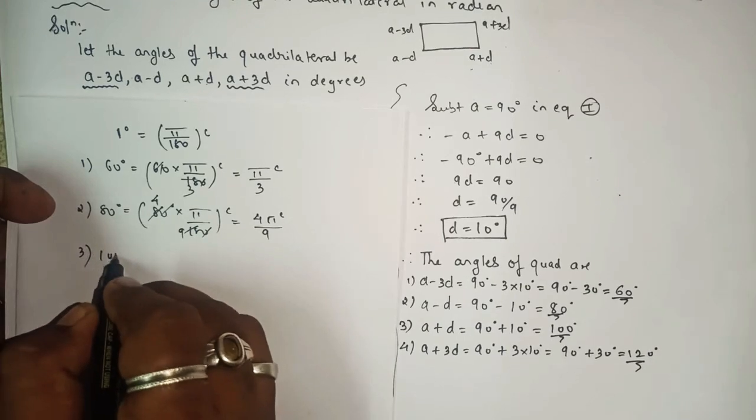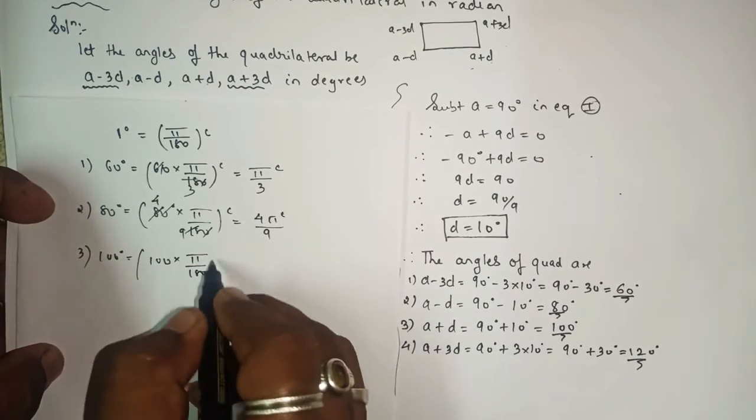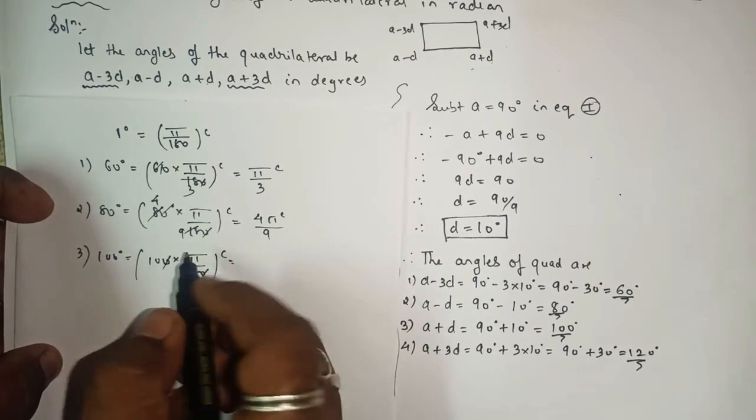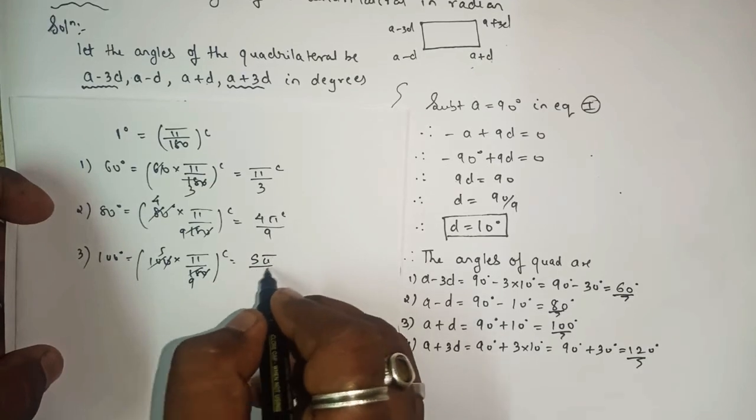The third one is 100, so simply multiply it by pi by 180. So 0 will get cancelled. 2 fives are 10, 2 nines are 18, so you will be left with 5 pi by 9.